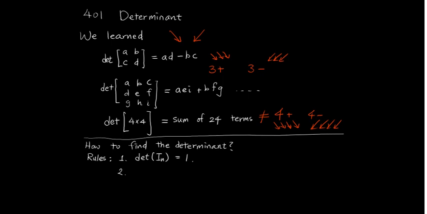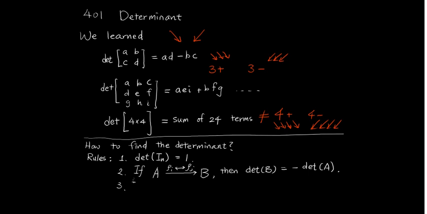So I will say this verbally: if I swap row i and row j, this notation means that I swap two rows, row i and row j, then basically the value is the same, but you have to add a negative sign in the front.